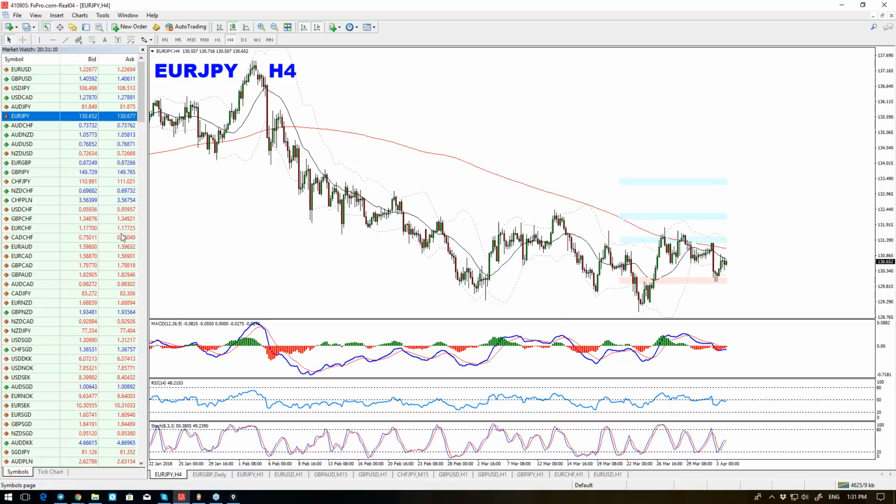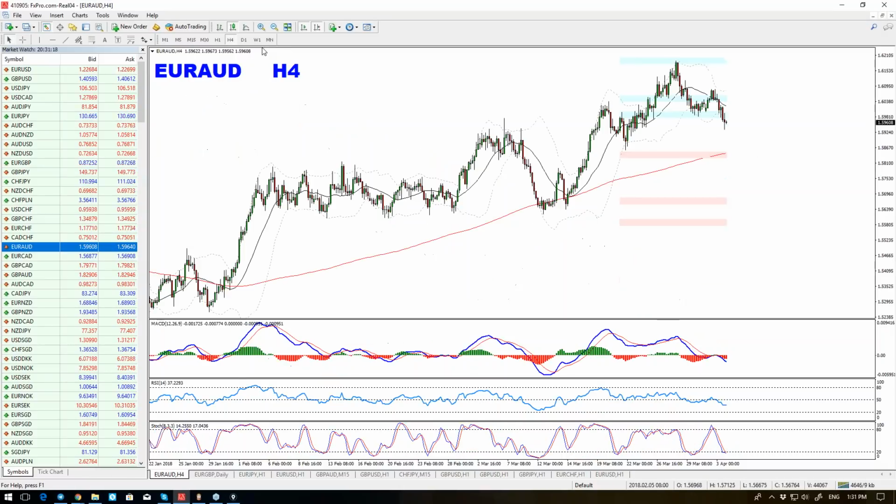Next one on the list is the euro versus the Aussie. Now on this pair, we were, what is it? Here, we were bullish all the way to 162. 162 was reached for us right here on the previous week. Well, missed a few points.